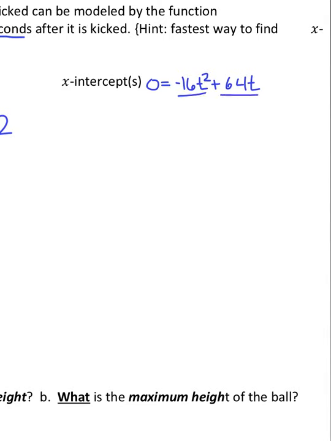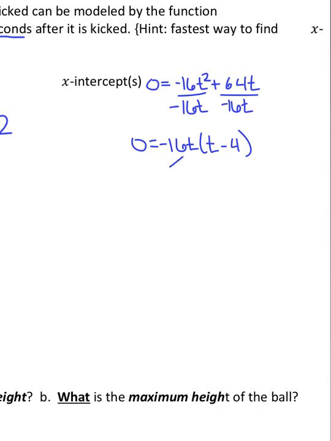We could also divide out a whole negative 16t. I always check to see if 16 goes into the second number, because if it does, that's the best one to check. So what this equals is 0 equals negative 16t times t minus 4. 64 divided by negative 16 is negative 4.